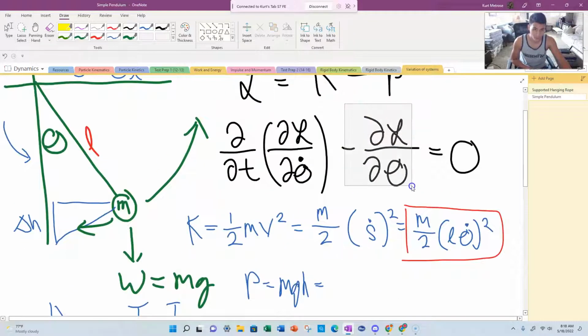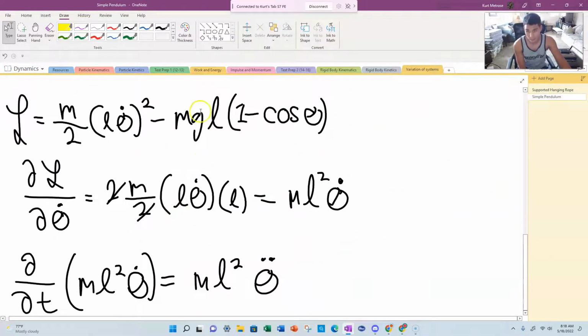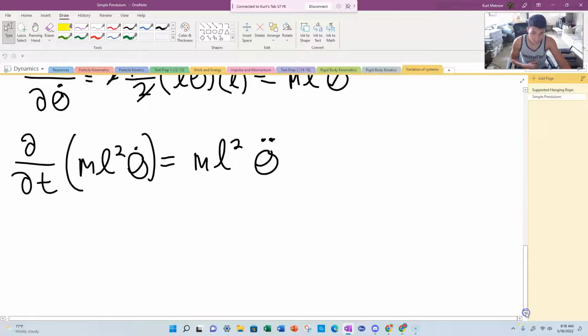The last thing we need to do is take the Lagrangian's derivative with respect to theta. So taking this guy with respect to theta only, you'd see that this is the only term with a regular theta in it. Okay? So what do you get?